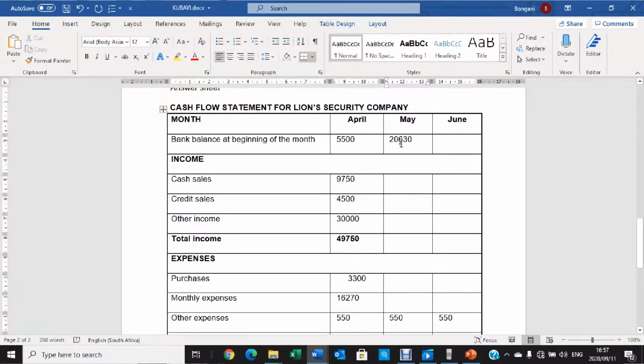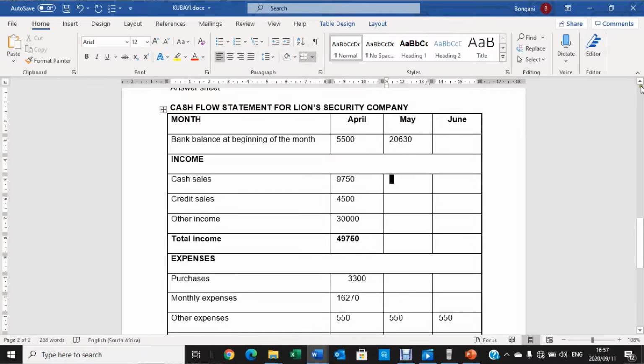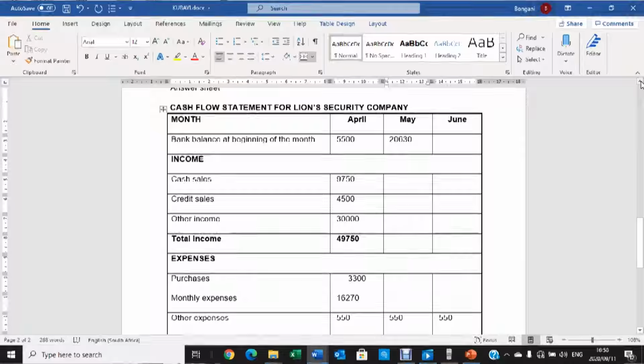Yes, correct. And then we move to our cash sales. Our cash sales, only remember transaction number 3, it was saying 25% it is on credit. Once they sell goods, 25% it will be credit. Therefore, 75% it is going to be cash.